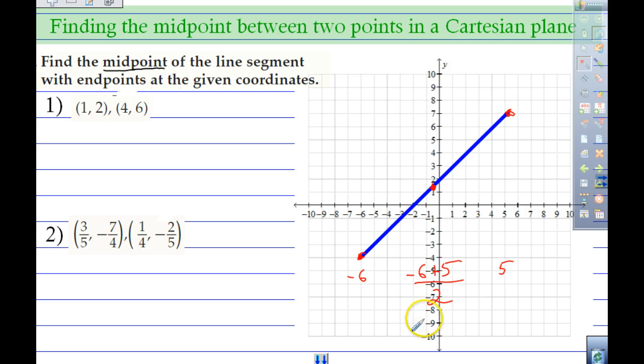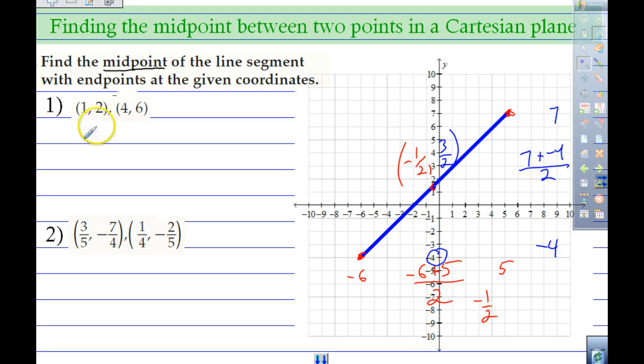That's the average. And we'll get negative 1/2. So I know this: negative 1/2 comma something. What's the middle of the 2 y coordinates? Negative 4 and 7. Again, just find the average. 7 plus negative 4 divided by 2, and we get 3 over 2, or 1.5. So actually, I estimated quite close.